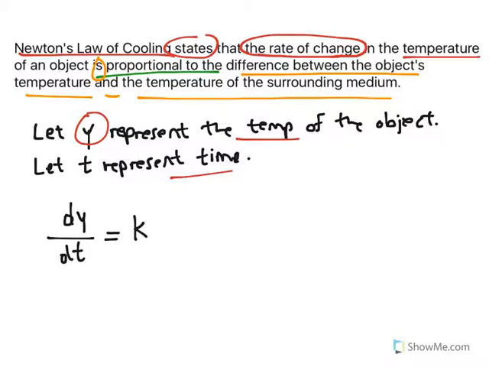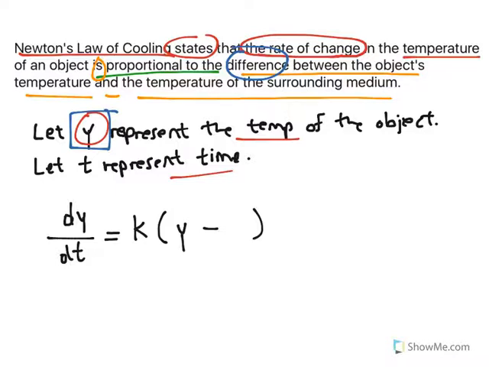What is it proportional to? It's proportional to the difference, so I will have a subtraction. It's proportional to the difference between the object's temperature, represented by y, and the temperature of the surrounding medium.